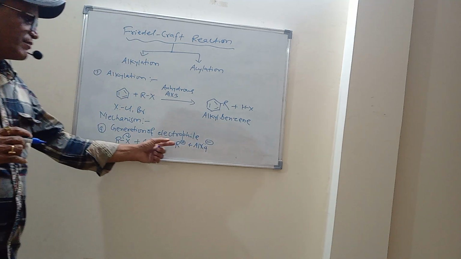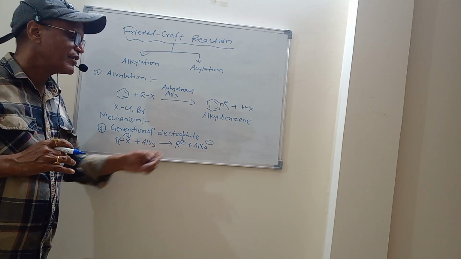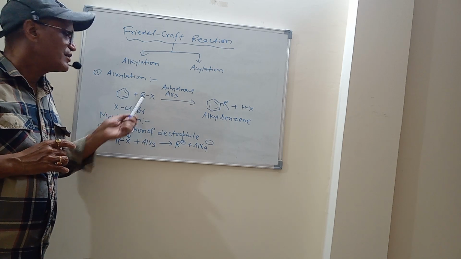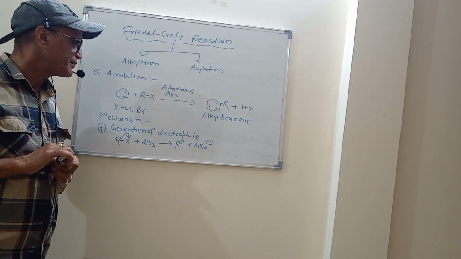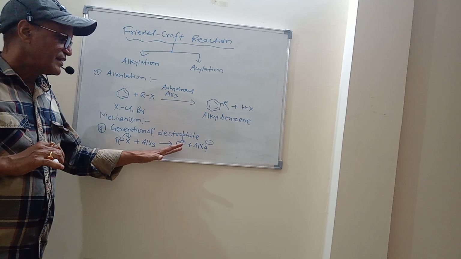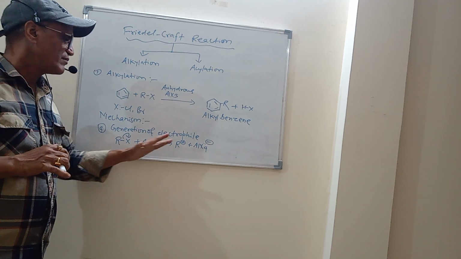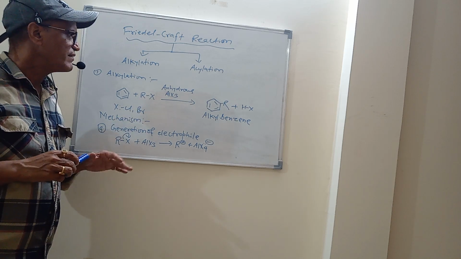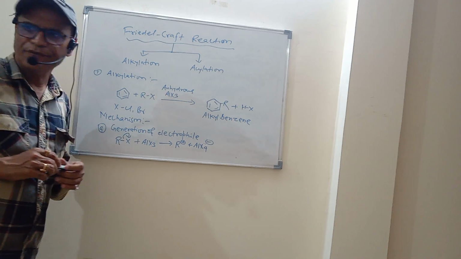So in the first step, we are getting a carbocation as an electrophile, and this R+ is going to target the benzene ring. Now this R can be different types of group, that is methyl, ethyl or propyl, etc. So I will consider those examples now.